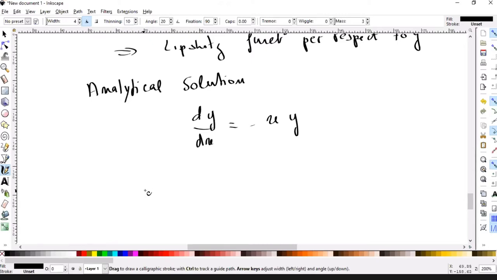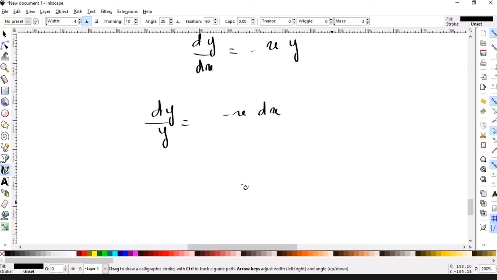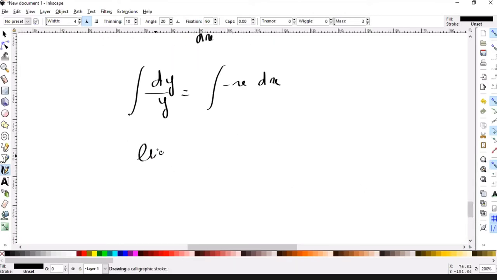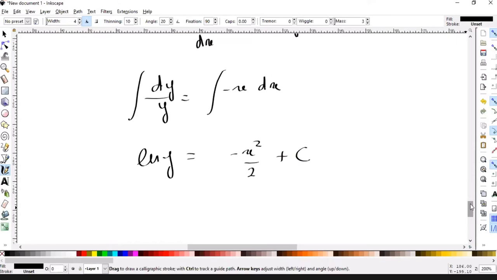You can write dy over y is equal to minus x dx, and then you can integrate. So you get log of y is equal to minus x squared over 2 plus some constant.